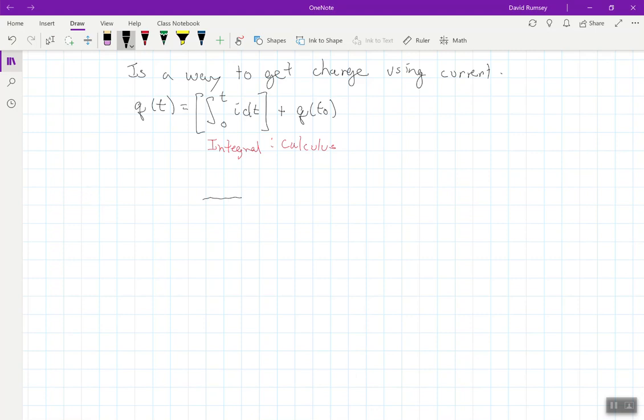So if you have a wire here, and let's say we have electrons flowing to the right, this is the direction of the electrons moving in the wire. Our current is actually defined in the opposite direction, meaning the positive current would be opposite the flow of electrons.